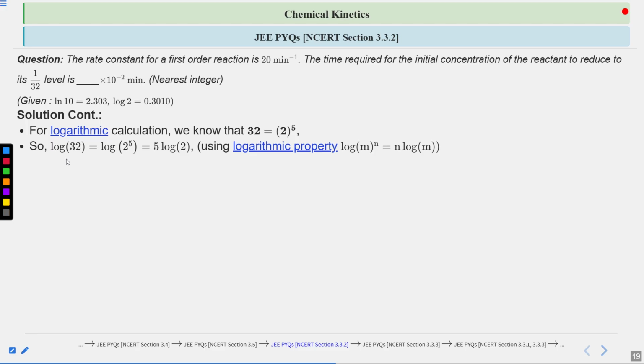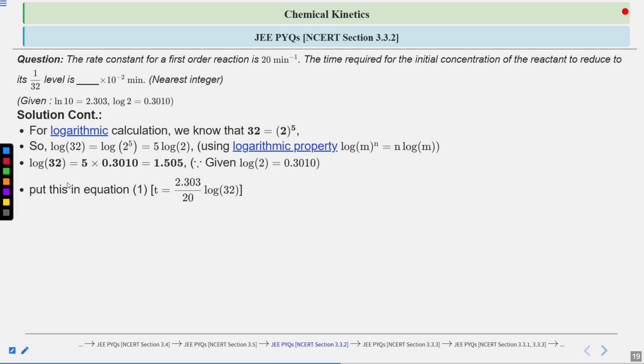Log of 32 becomes log of 2 to the power 5, which is 5 log 2, using the logarithmic property log m to the power n equals n log m. So log 32 equals 5 multiplied by 0.3010, which equals 1.505. So log 32 you can use as 1.505.